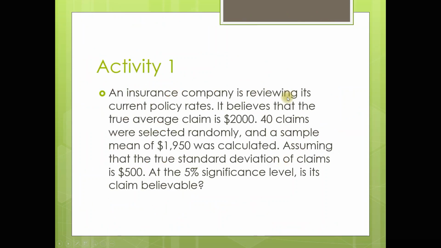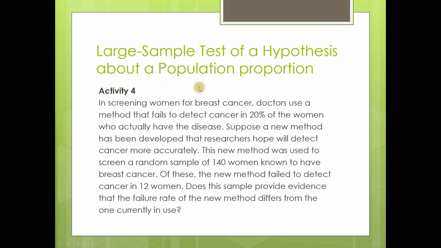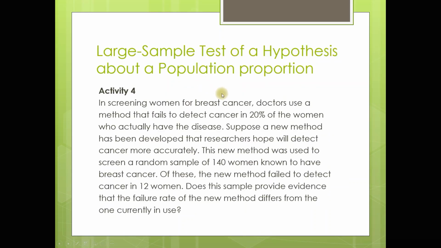Now, you are going to do this activity on your own based on what I just explained to you. You're going to do this one as well, but this one is for proportion. When you define your terms, in the case of the mean you define mu, but for this one you define p, let p be the true proportion, and then you follow the same steps as before.